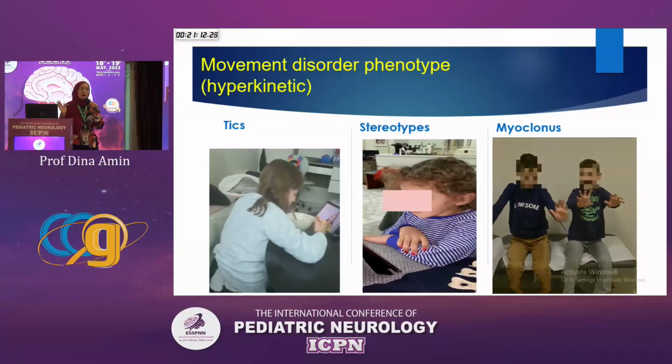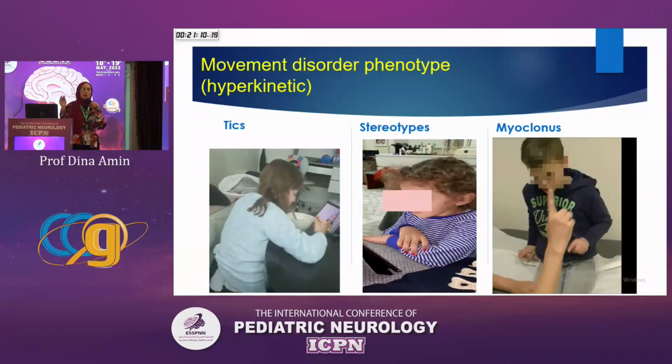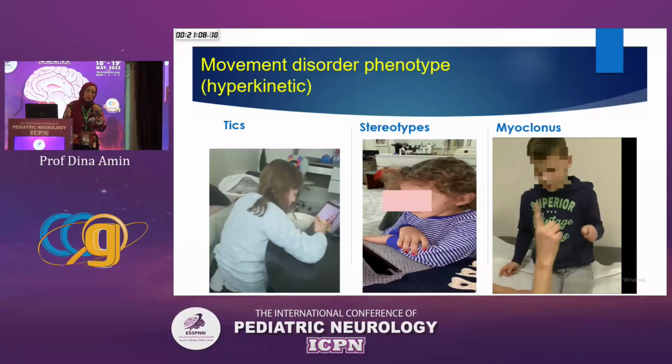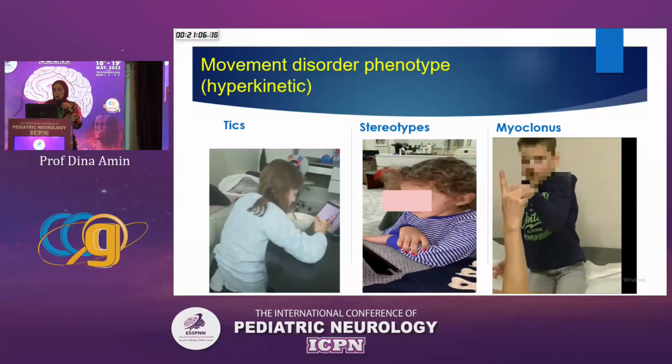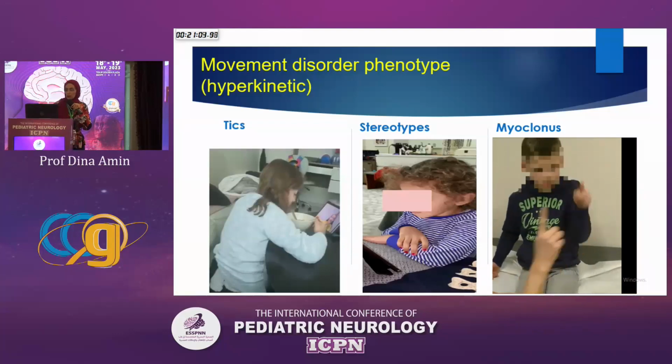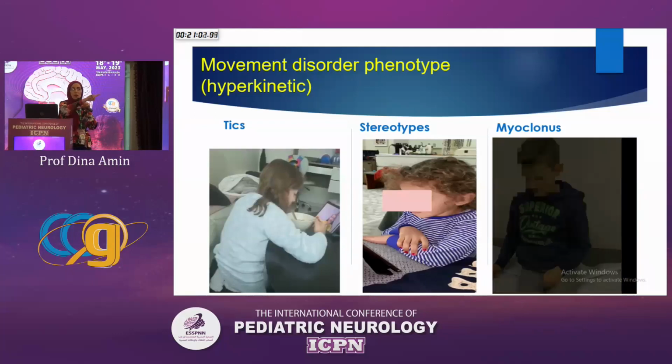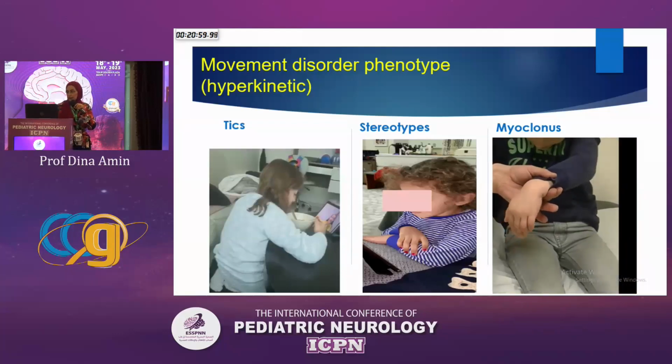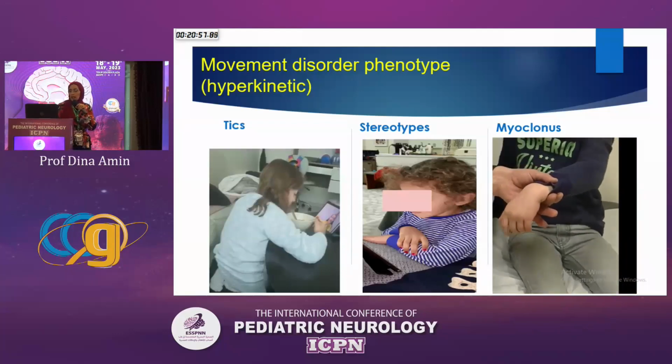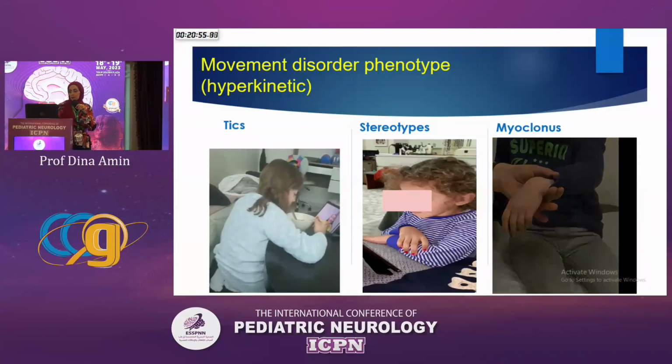Myoclonus can be classified according to origin: cortical, which is the most common form, subcortical, spinal, or peripheral myoclonus. You can see here the child has difficulty with the finger-to-finger test, and tactile stimulation can elicit the myoclonus.